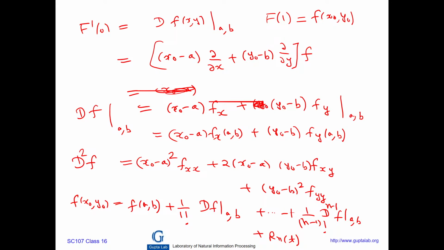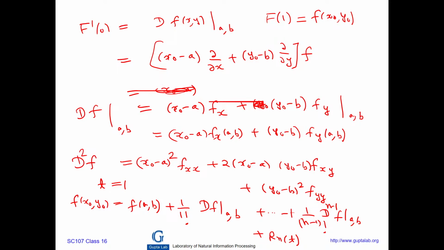Now in order to get the whole expression, I need to put t is equal to 1, because t is equal to 1 gives you x naught comma y naught. So we are getting everything at the point x naught comma y naught here, the expansion of f of x y. Here we have actually put t is equal to 1. t is equal to 1 will give rise to this whole thing, right?